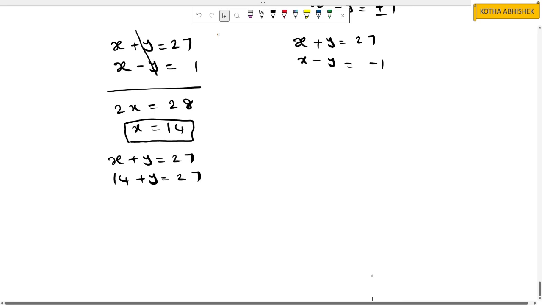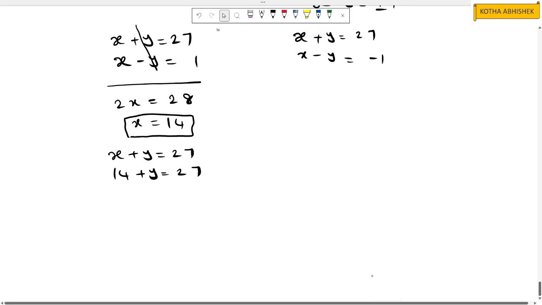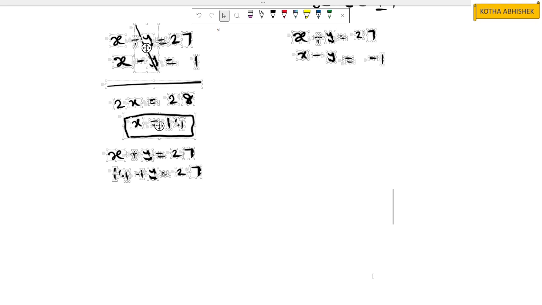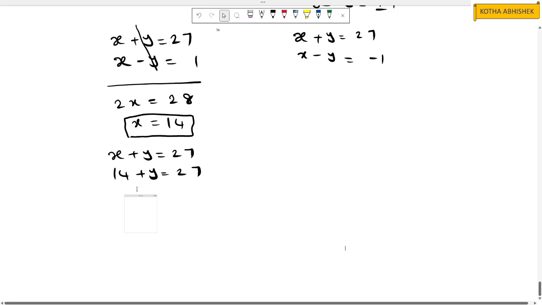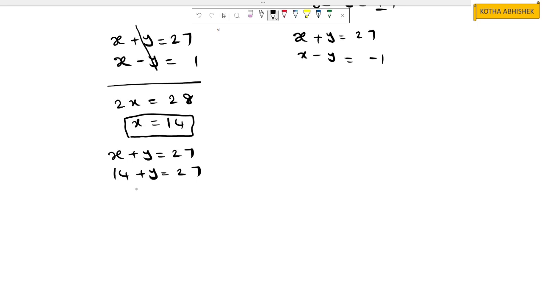So y equals 27 minus 14. So y value is 13. So x value is 14 and y value is 13.